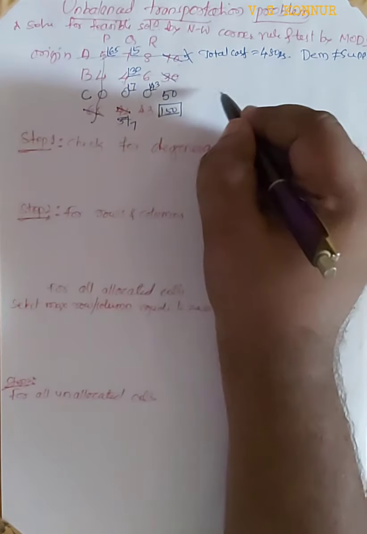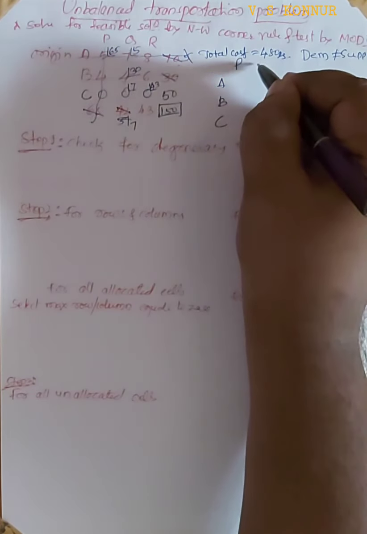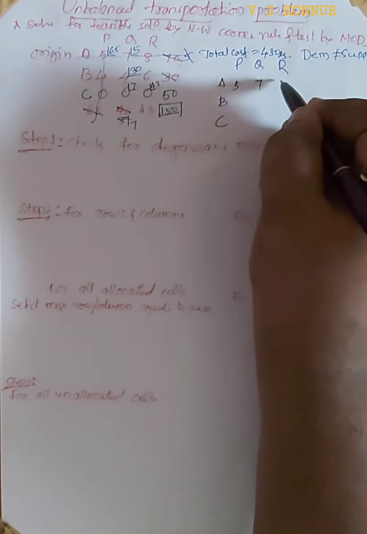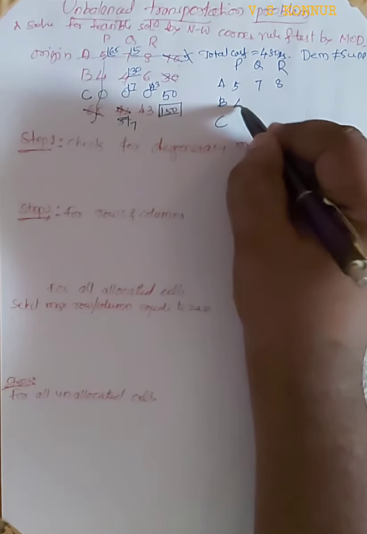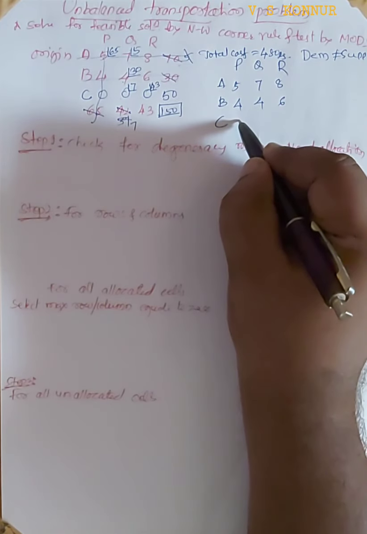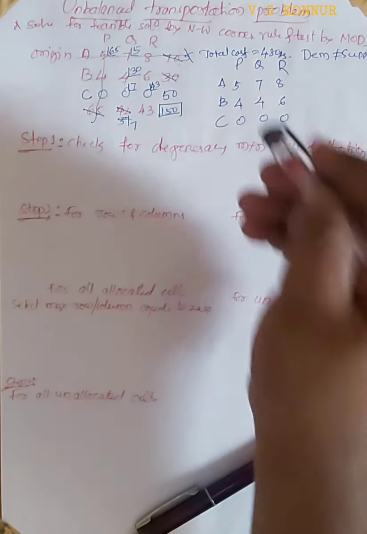Now once again we will write this: 5, 7, 8; 4, 4, 6; and then 0, 0, 0. And I will write the allocation for that.